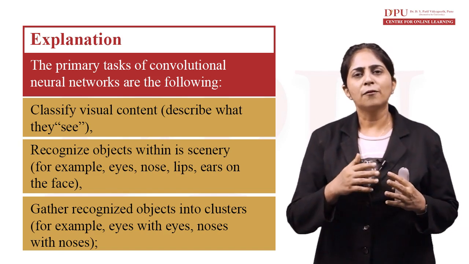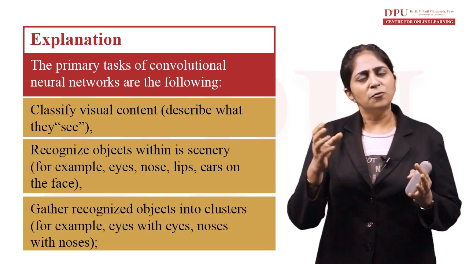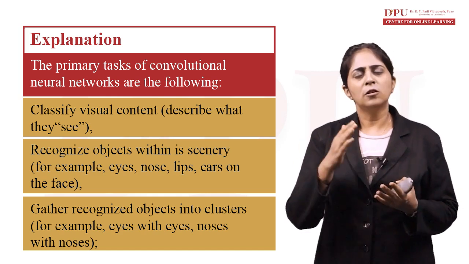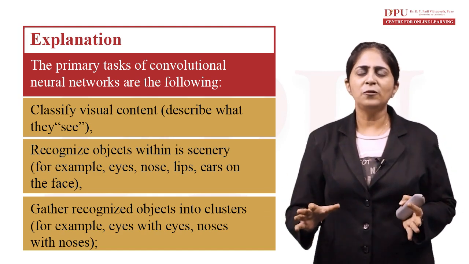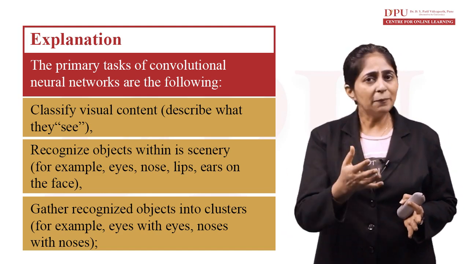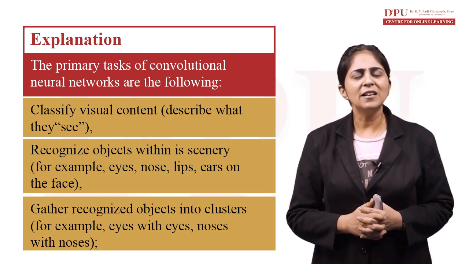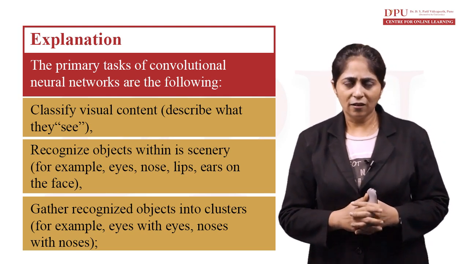For example, eyes with eyes have to be clustered together, noses with noses have to be clustered together. So that means in the image we are making clusters of the different objects that we have in our image.